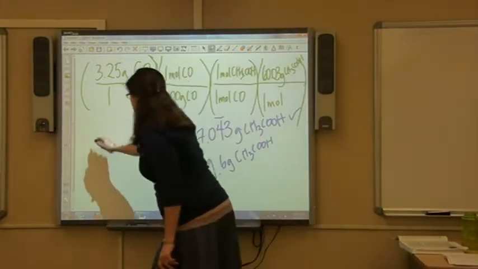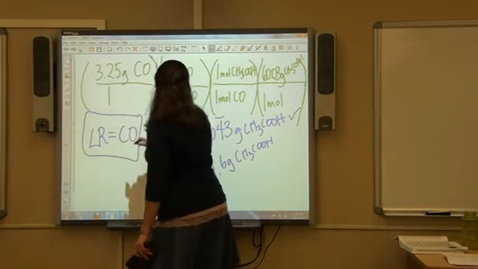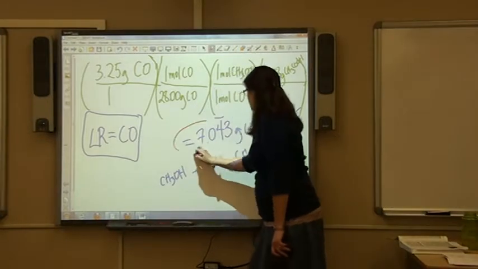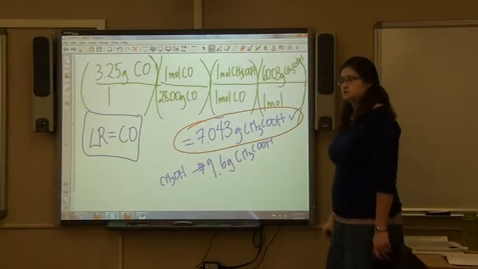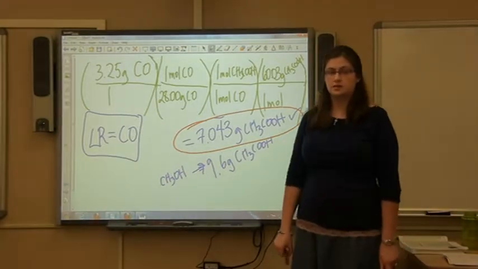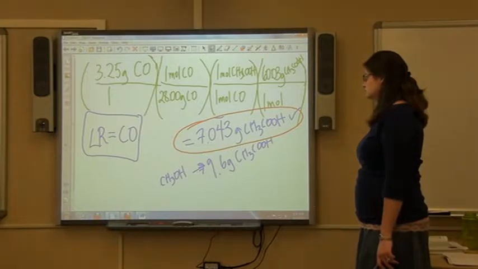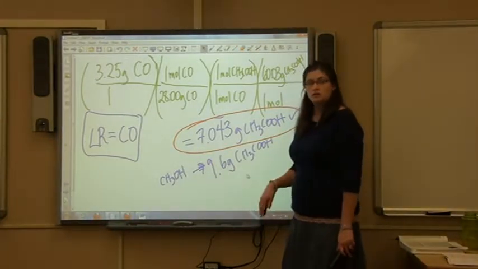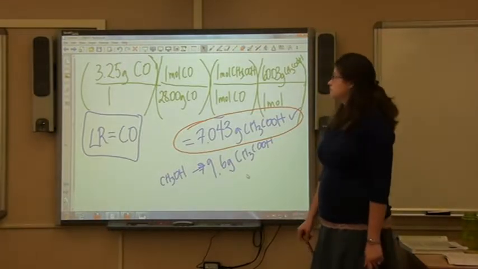Therefore, your limiting reagent equals the carbon monoxide, and this is your answer: 7.04 grams of acetic acid. Now, notice we didn't add these two numbers together at all. We're just going to be using the one that's the smaller number.